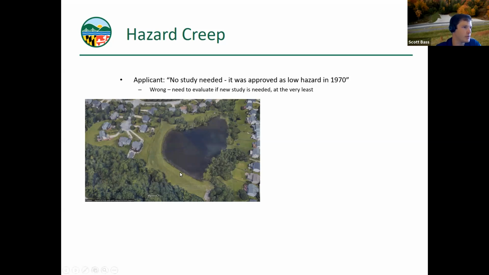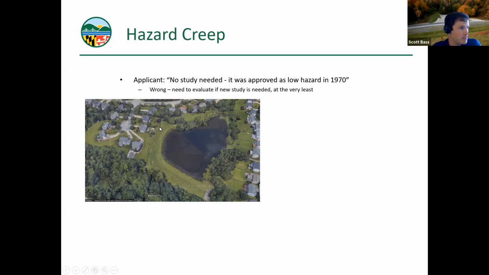This is a Google Maps screenshot. This was an agricultural pond that was built on a strawberry plantation. This was for irrigation. So as you can see, this is clearly not a pond that exists on a farm now. That farm has long since been sold and now is a suburban development.